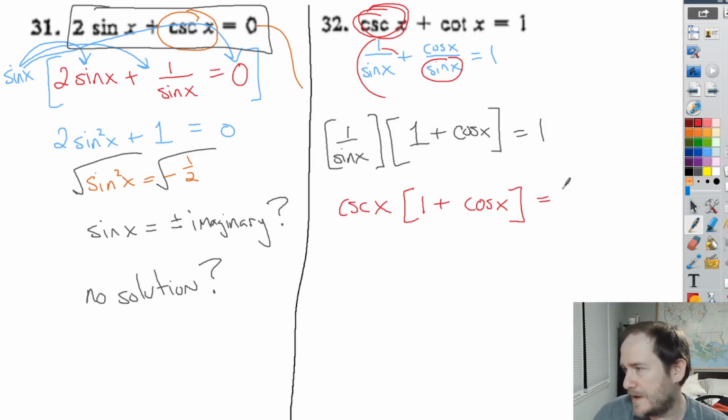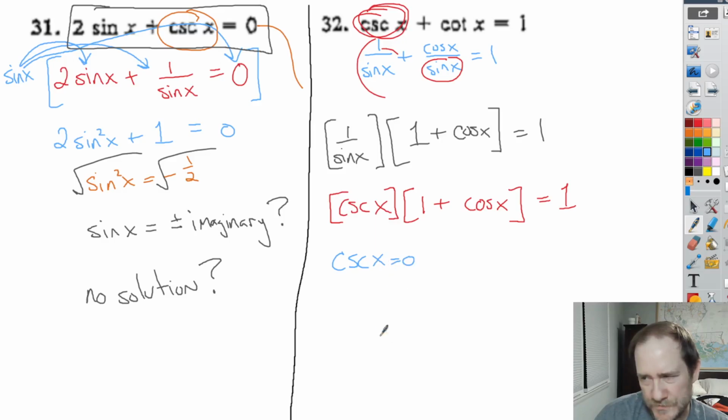So you're here now at a factored form equation. And again, you're left to wonder, do these solutions of cosecant x equals 0 give real solutions for us? Or is it no solution anyway? Or is it solutions that are extraneous? Just like we saw 5 seconds ago, this just has no solution.